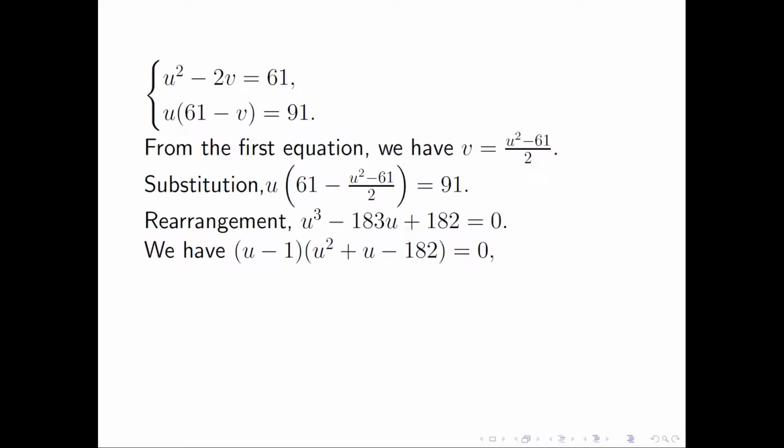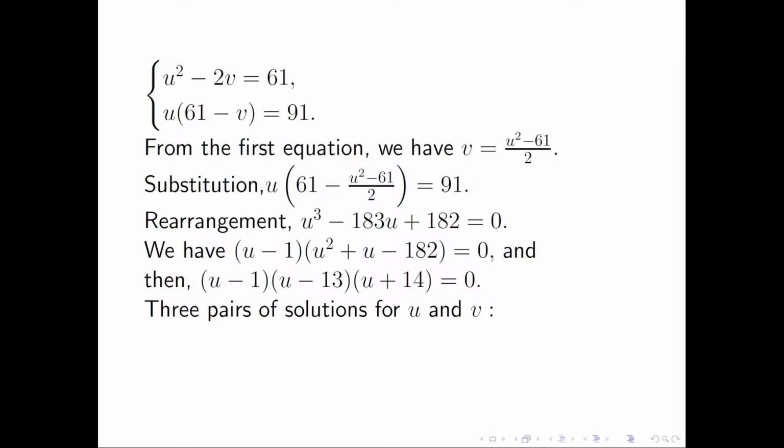Then we can perform a long division, the cubic polynomial divided by u minus 1. We have a quotient, a quadratic polynomial, u squared plus u minus 182. The quadratic polynomial can be further factored as u minus 13 times u plus 14.